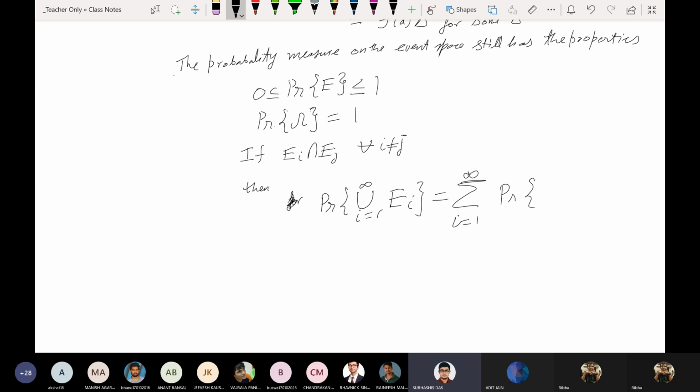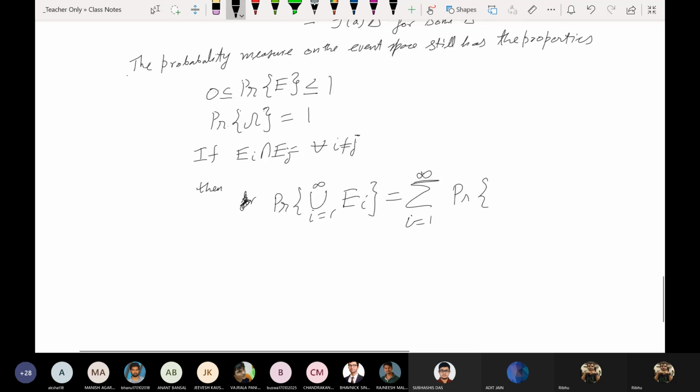Oh yeah, sorry. If E_i intersection E_j equals phi, the empty set.